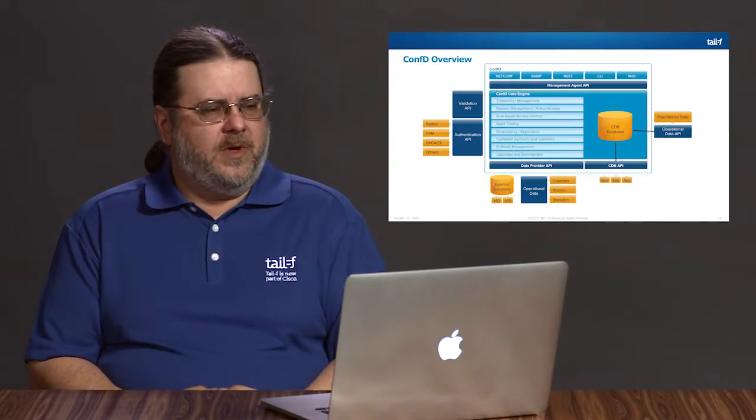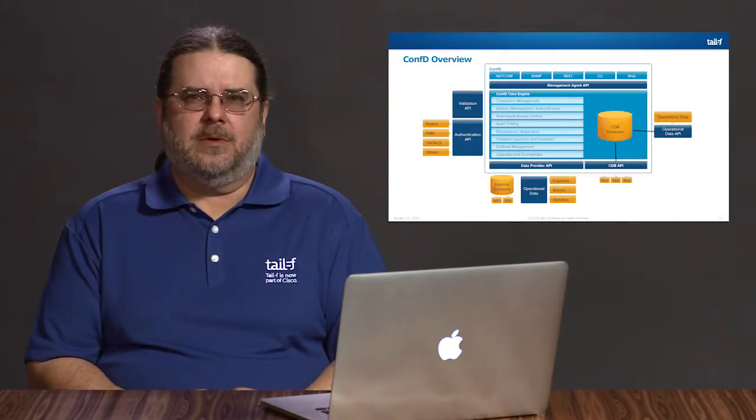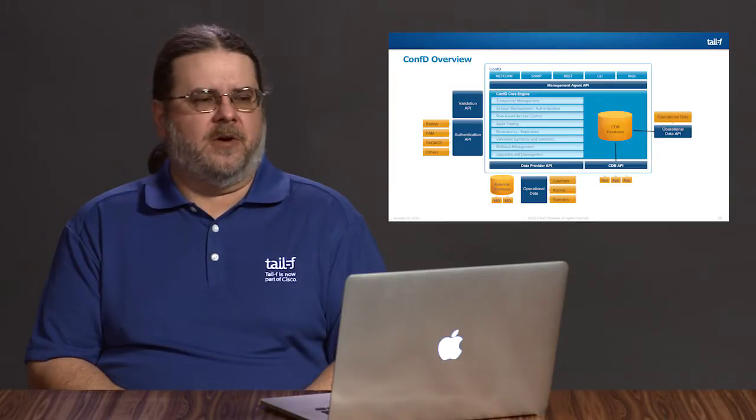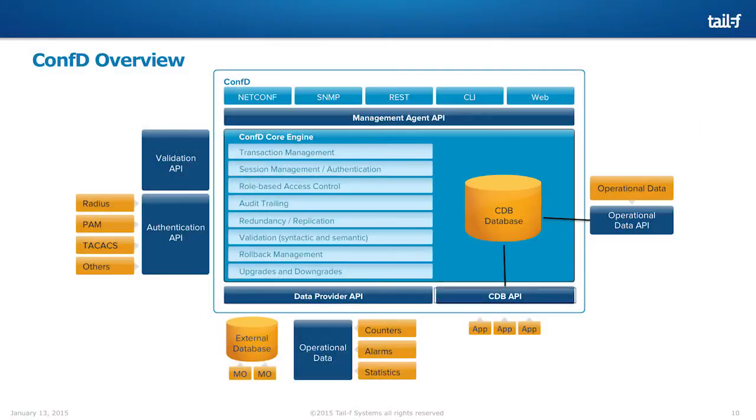So moving on, let's dive more now into the capabilities of the ConfD core engine. The core engine is really the heart of ConfD. If you look at traditional network management implementations, your protocol implementations and your protocol agents really are just the tip of the iceberg when it comes to implementing your full management plane.